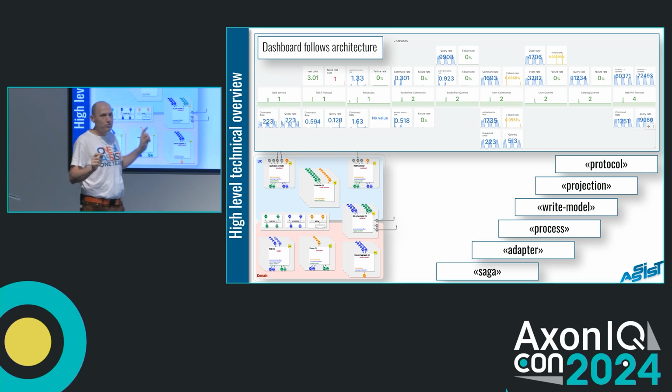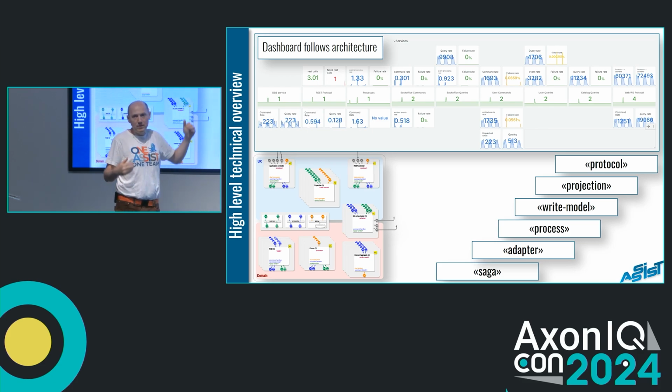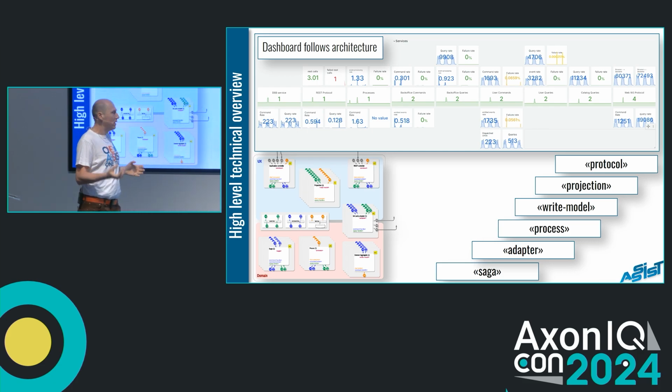So this is part of the dashboard that I showed you, and for each application we know which type it is and what it should do, whether it emits events or consumes events, dispatches queries, and accordingly you see how it works, how many of them are running, whether there are some failures, and the fail rate.